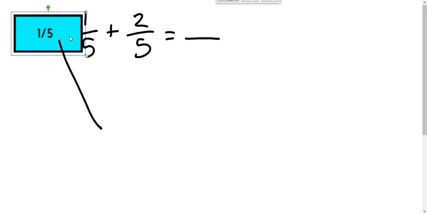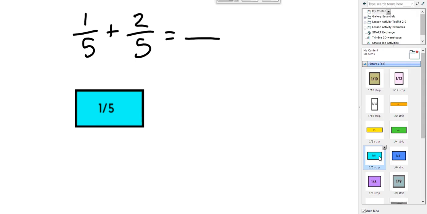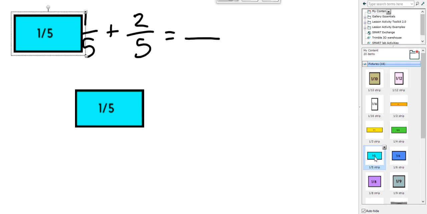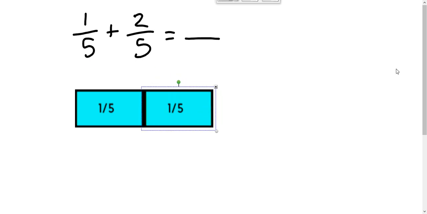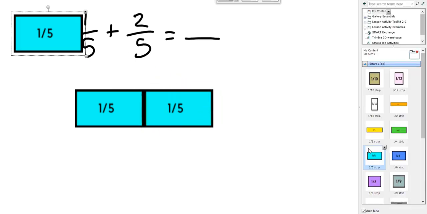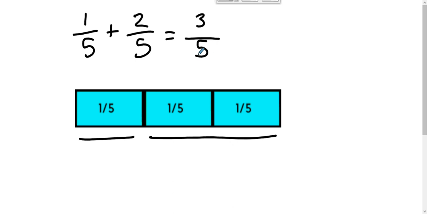If we have 1/5 and then inexplicably there are two other fifths, I'm pretty sure that this 1/5 plus those 2/5, that's 3/5.